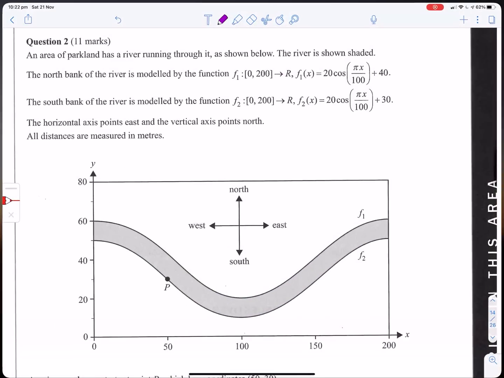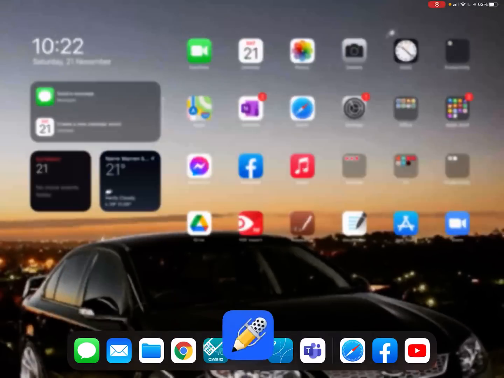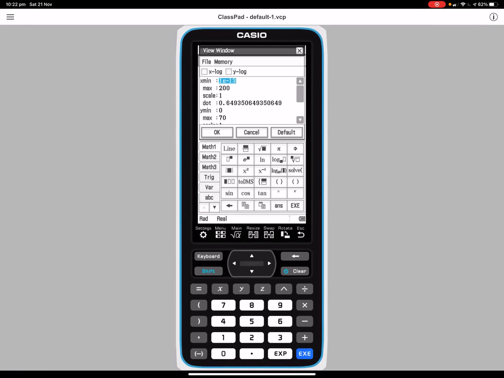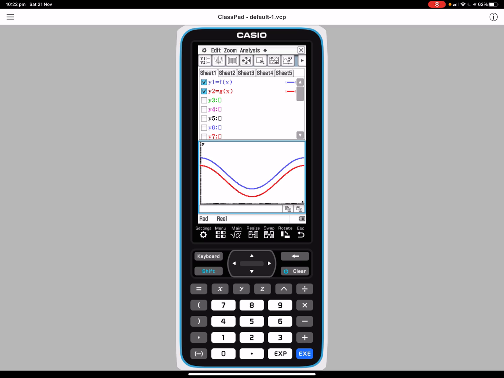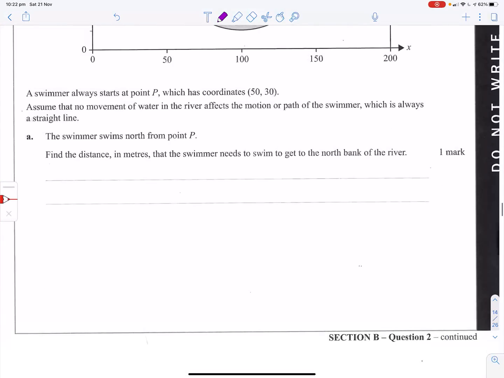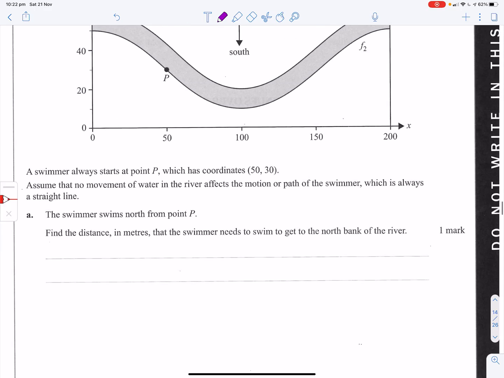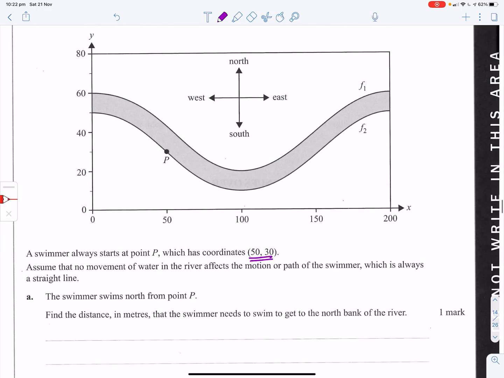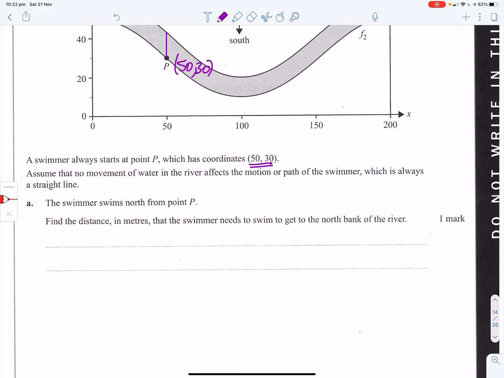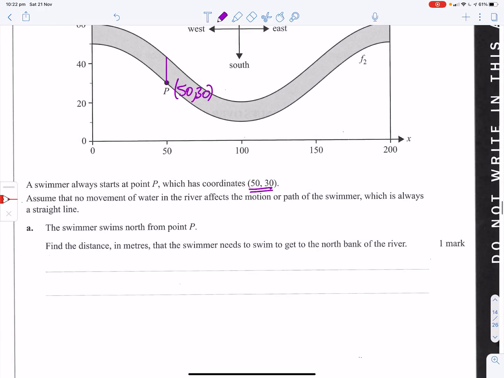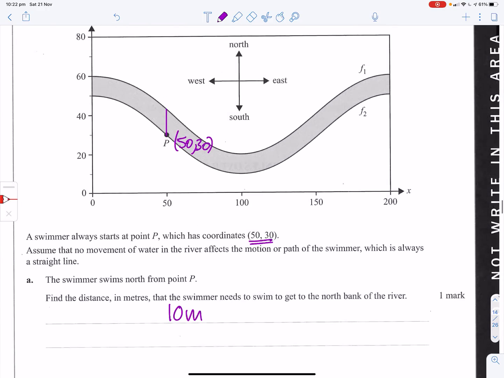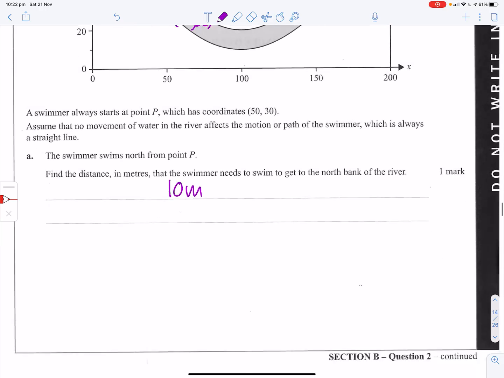Okay, so we can see they're the same graphs. The swimmer swims north from the point P, which is at the point 50, 30. Find the distance in meters that the swimmer needs to swim to get to the north bank of the river. Well, the distance is just going to be 10 meters because we know they're 10 meters apart.